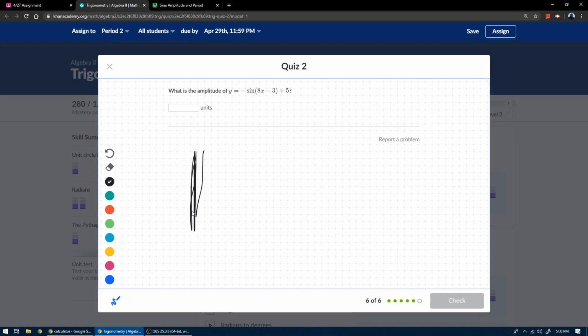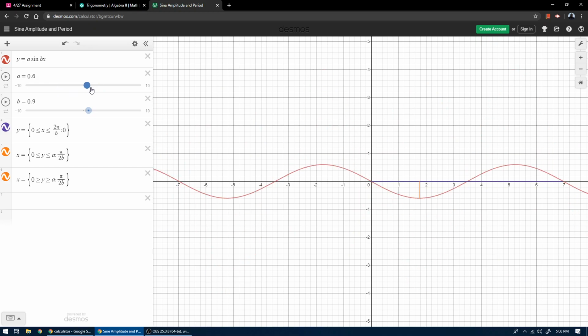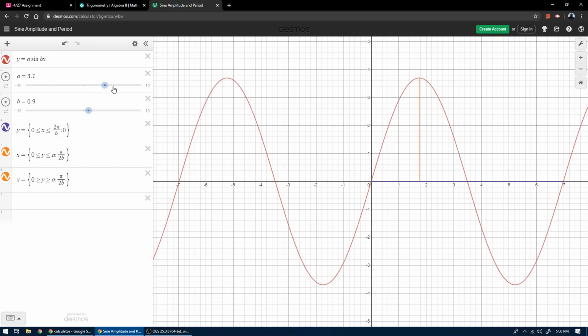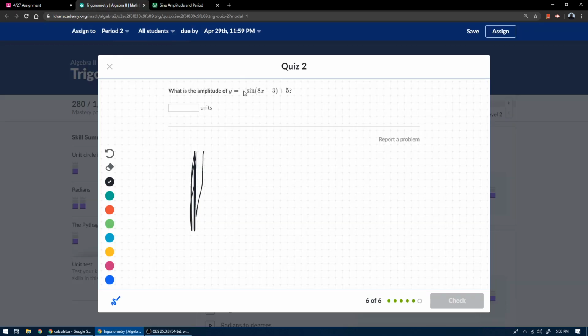What changes the amplitude? Well, it looks like this changes the amplitude, the A, the first number you see. What's the first number you see? It's a negative sign. This is negative 1. So it's negative 1 times sine of 8x minus 3, and so on.